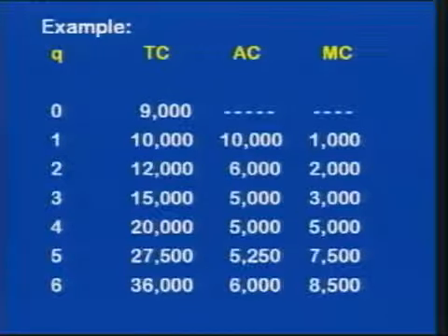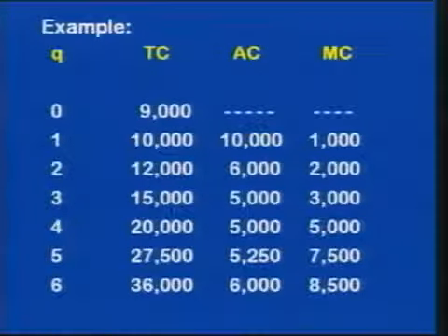If you think about the first unit, the fixed cost is 9,000, and if you produce 1 unit, the total cost is 10,000. So the extra money you spend producing from 0 to 1 is only 1,000, right? Similarly, if we check the second unit, you think, okay, we already have the machine, we already have the factory, and we already produced the first unit.